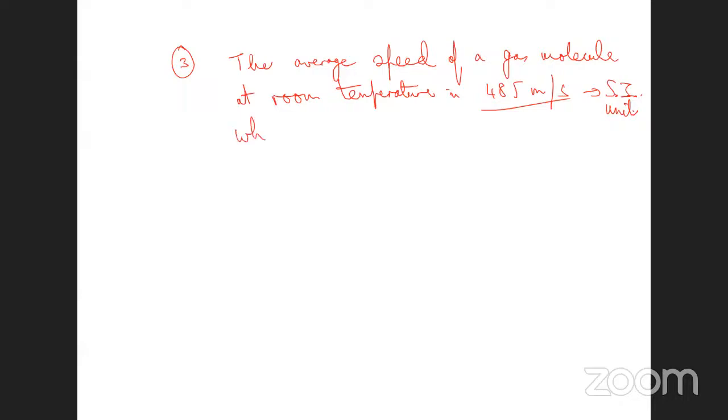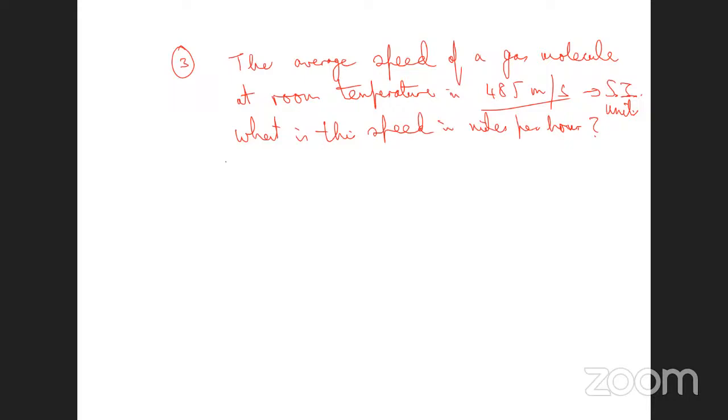The question is, what is this speed in miles per hour? Now, if we convert this to miles, then you know miles per second, then you can make it for hours. So that's how we do it.